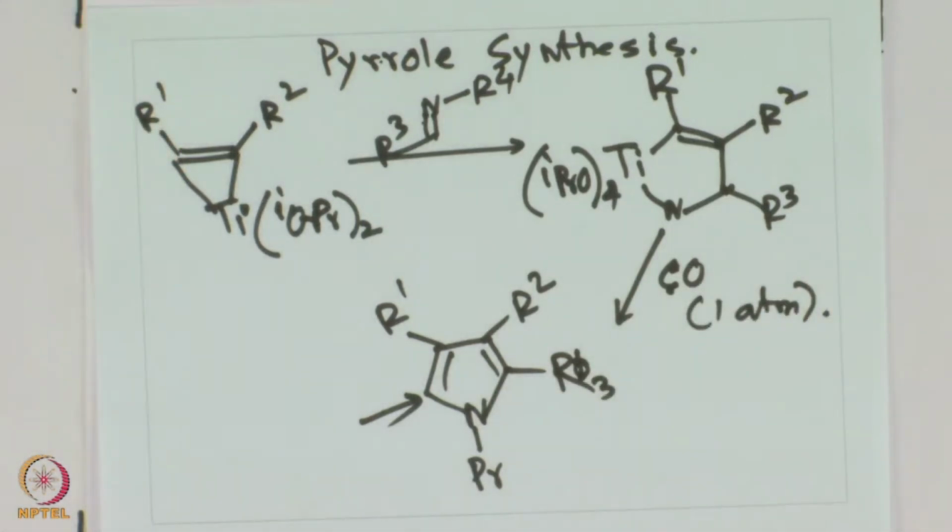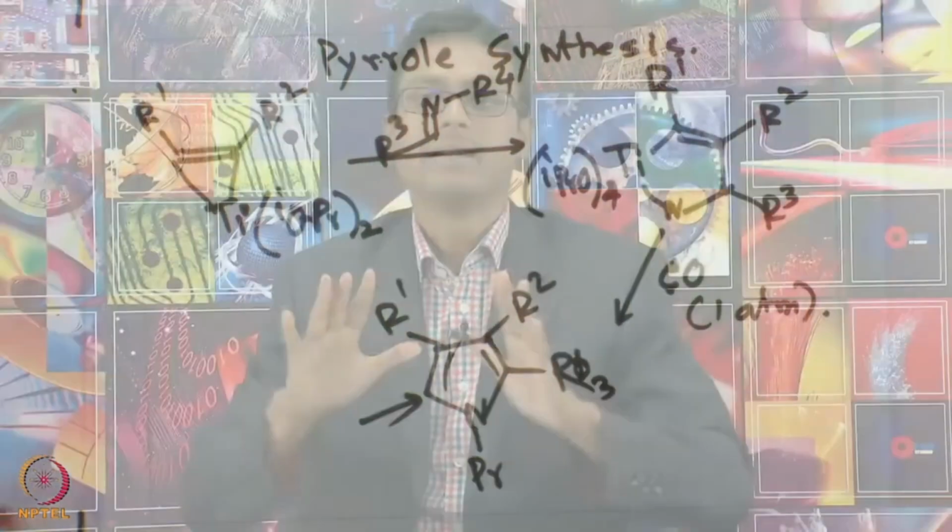So, what we have now seen is that from an alkyne and an imine along with carbon monoxide, we can put together the pyrrole. The 4th carbon in the pyrrole is coming from the carbon monoxide. Quite an interesting rearrangement reaction that is involved.